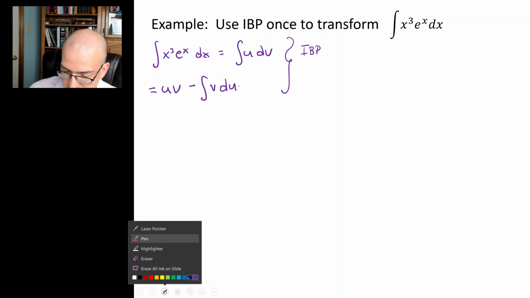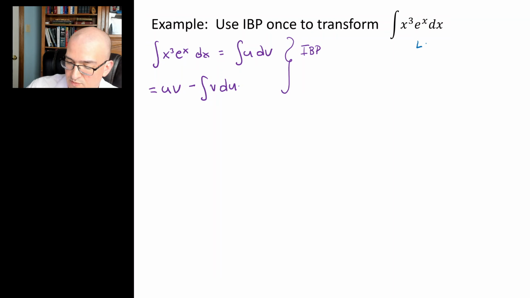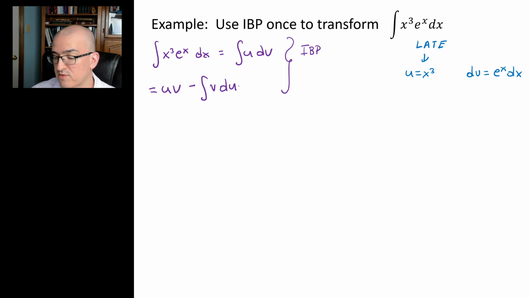Now for the substitution, what are we going to let u and dv equal? We're going to go to the LATE acronym. We don't have a log, but we do have an algebraic. So that tells us that u should equal x to the power of 3. dv has to be everything else. x cubed is already taken into account, but the e to the x dx hasn't been accounted for yet, so those pieces get lumped into the dv.